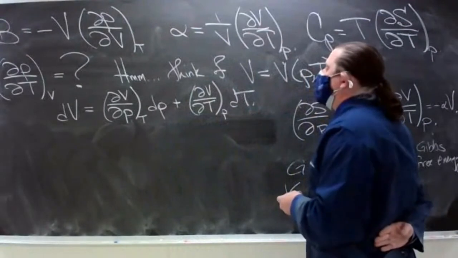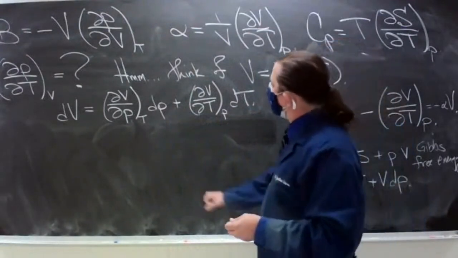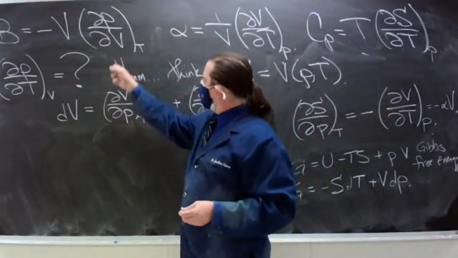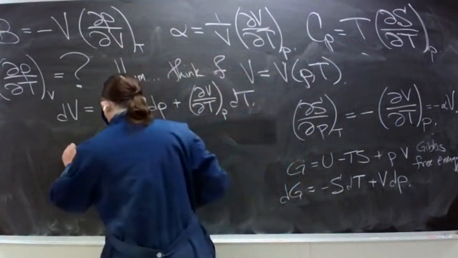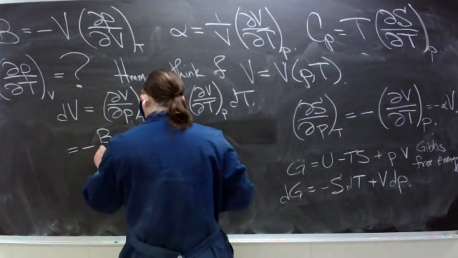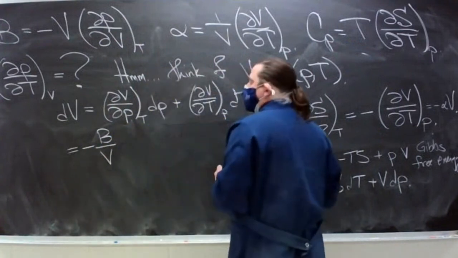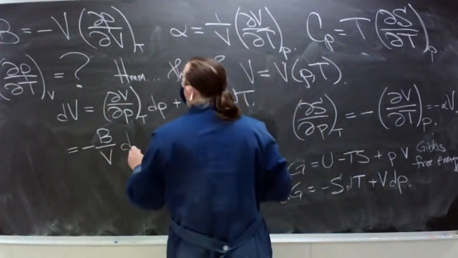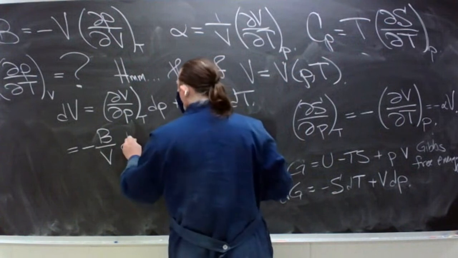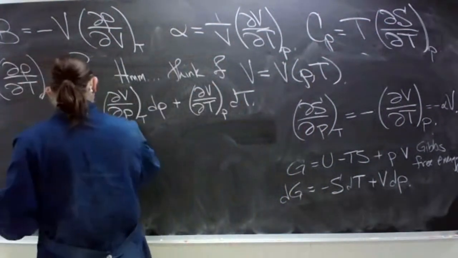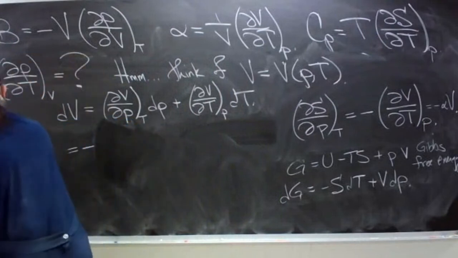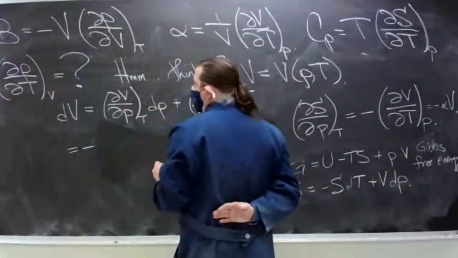All right. So, wait a minute. Hey, that's one of our guys. This is equal to minus V divided by B. Sorry, no, it's not. Minus V divided by P. Not minus B over V. All right, because it's a reciprocal.